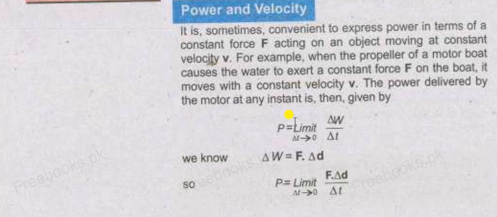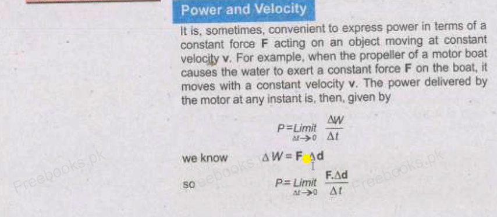So also by mathematical relation, power is equal to, under limiting conditions, delta W over delta T, and if a force acts on a body and displaces it through a displacement of delta D, the work can be written as delta W is equal to F dot delta D. This is by the definition of work.